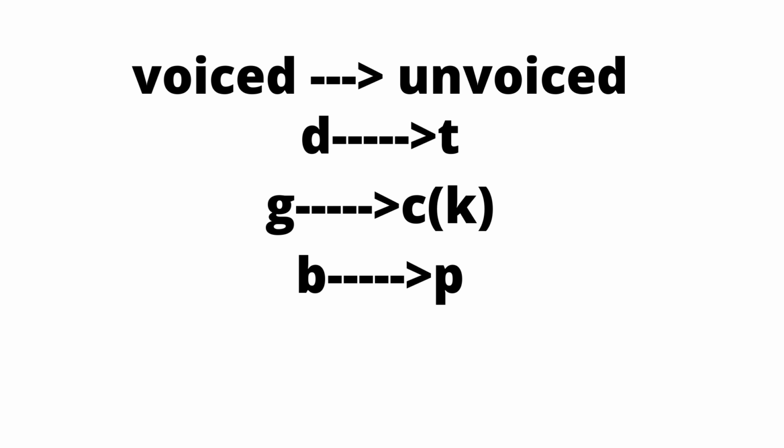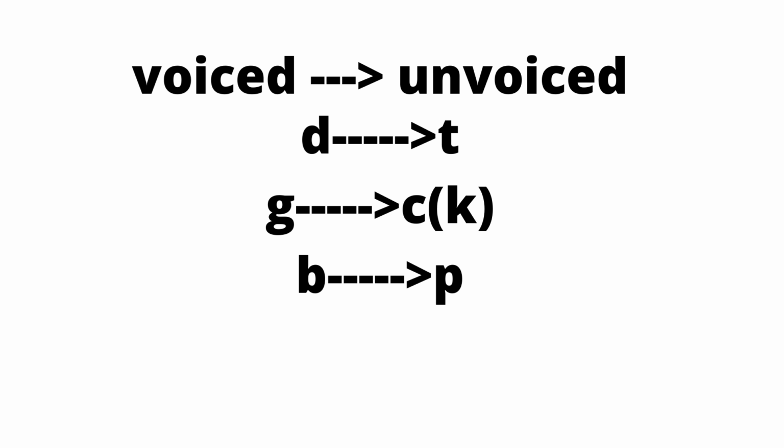Again. So what's happening with voiced to unvoiced is that if you have a voiced consonant, D, G, or B, it will only be voiced if it's the first letter in a word. And if it's in the middle or the end, it will become unvoiced. So that's where words like agat come in. Agat's a good one for the emphasis and the voiced to unvoiced.